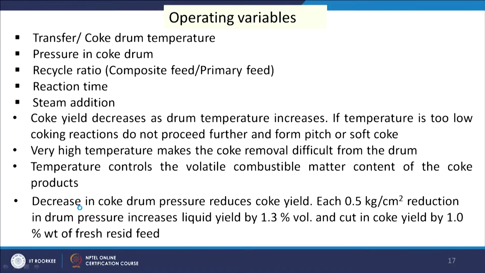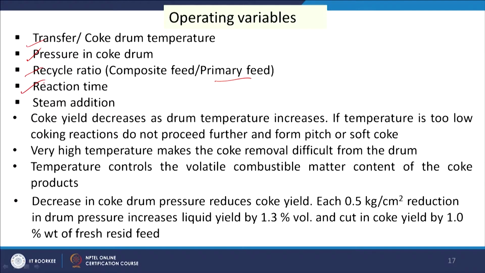So, what are the factors that influence the quality of the different products and their relative distribution? Some operating variables are the transfer or coke drum temperature. The coke drum temperature I maintain will influence how much gas, coke, and liquid is produced. Pressure also influences it, and so does the recycle ratio.